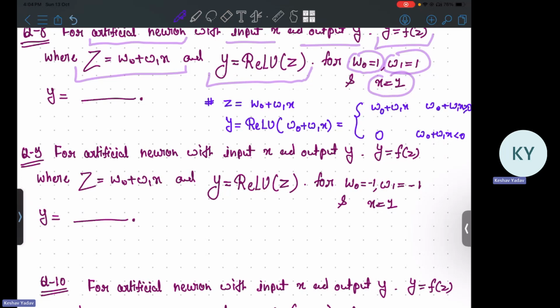Now we put the values here. If you put both of them to 1, z will be 1 plus 1 multiplied by 1, that will be equal to 2. This 2 is greater than 0. So my y will be 2 only.